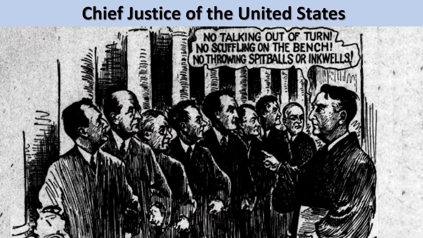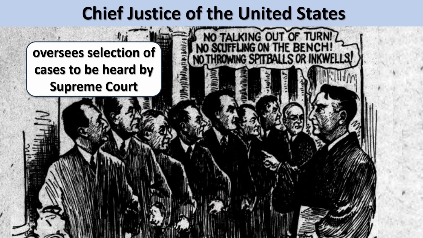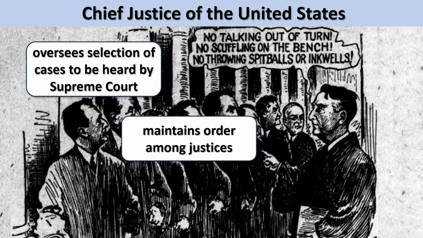For example, the Chief Justice oversees the selection of cases to be heard by the Supreme Court, taking a large role in narrowing down the thousands of petitions made annually to the fewer than 100 the court actually hears. The Chief Justice also has the job of maintaining order among the other justices, moderating debates when disagreements get heated, and ensuring that court proceedings run smoothly.